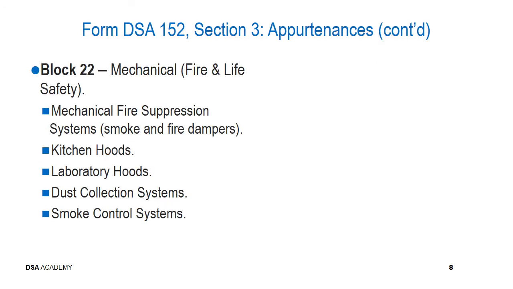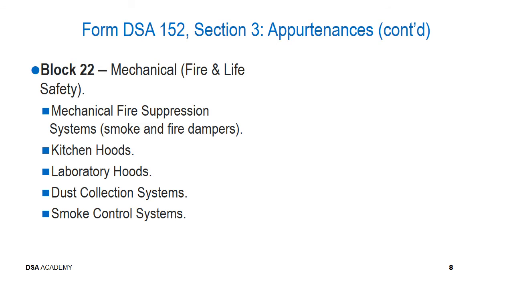Continuing with Section 3 of the Project Inspection Card, Appurtenances, Block 22, which is titled Mechanical Fire and Life Safety, there's a possibility that there may be some mechanical fire suppression system components, such as smoke and fire dampers.